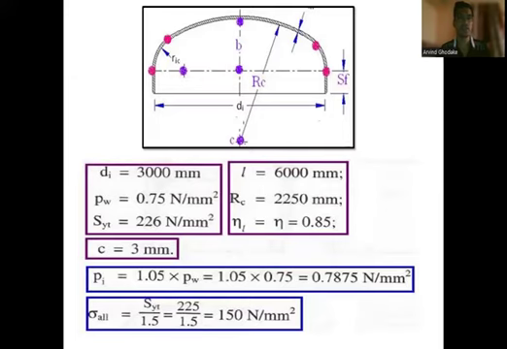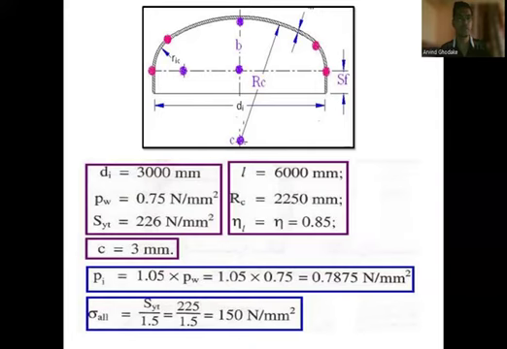The given data is Di is 3000 mm. Then length is 6000 mm. PW, that is the working pressure, is 0.75 Newton per mm square. Crown radius RC is equal to 2250 mm. SY is 225 Newton per mm square. Eta L is equal to 0.85, that is the weld joint efficiency.